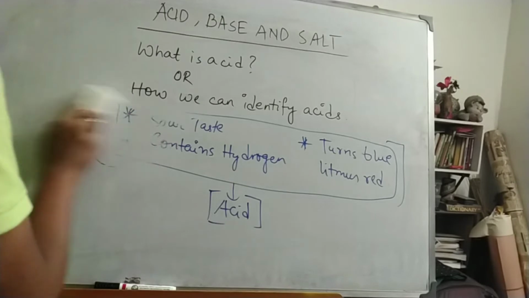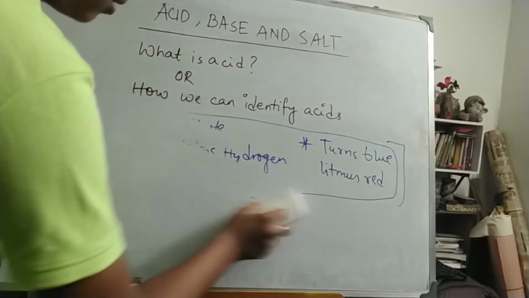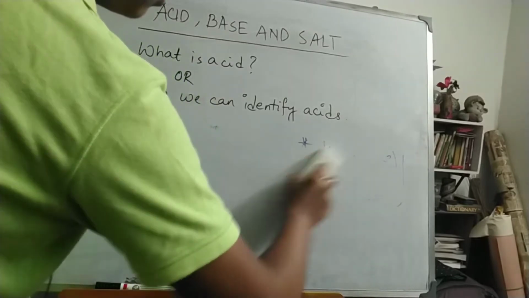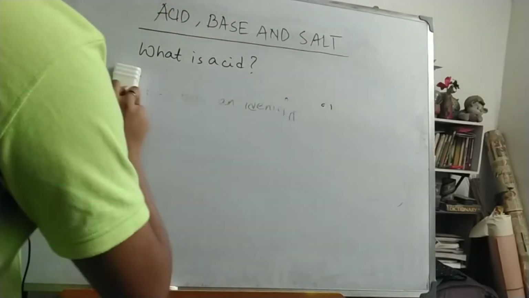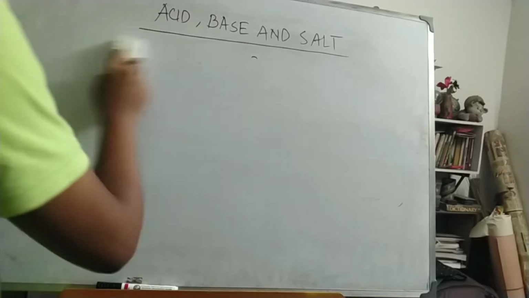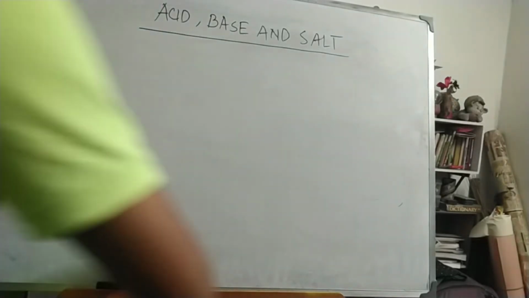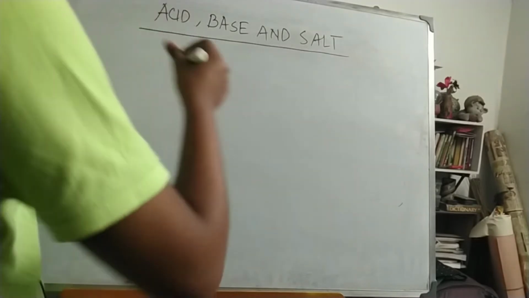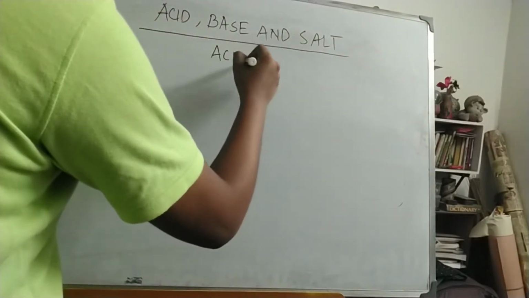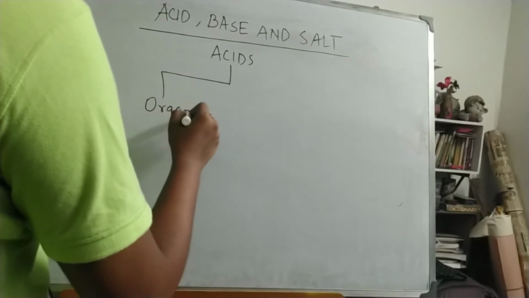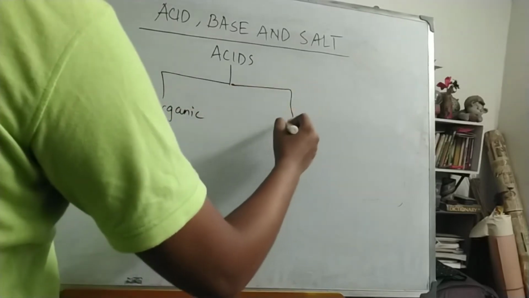How many types of acids are there? There are 2 types, organic and mineral.